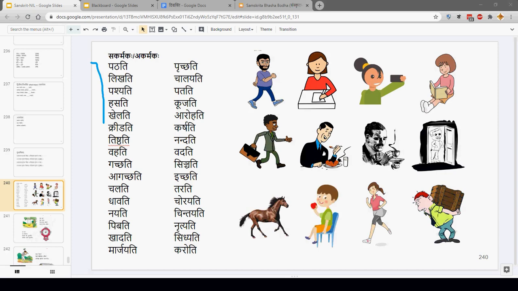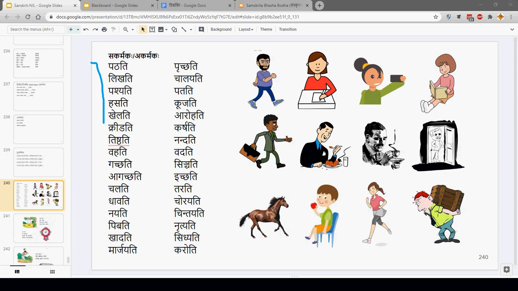Now, khelati. Some words like khelati have meanings in Sanskritam that are a little different than in other languages like English. If you literally translate khelati, it is play. In English we generally say he plays something, football or baseball.